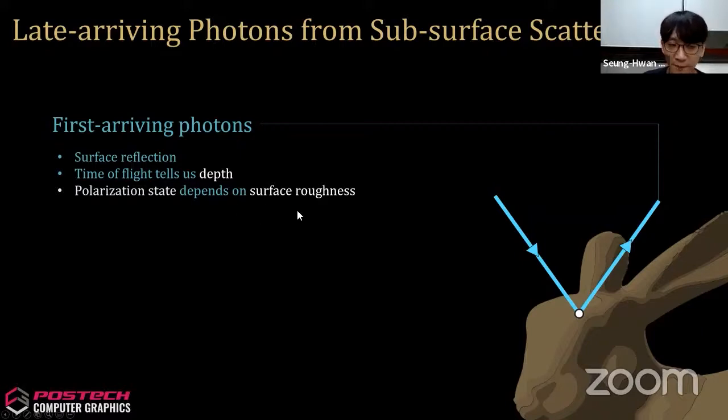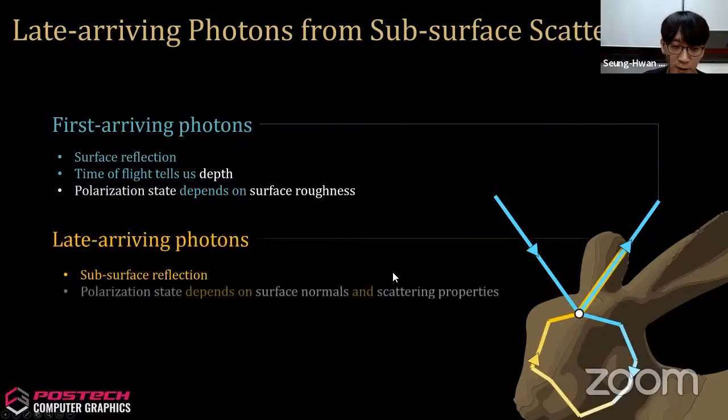The first arriving photons are related to the direct surface reflection, and their time of flight information tells you the depth from that object surface to the camera. And here, if you look at the polarization state of this surface reflected light, we found out that it is related to the surface roughness of that object. However, the late arriving photons are generated by subsurface scattering inside of the surface.